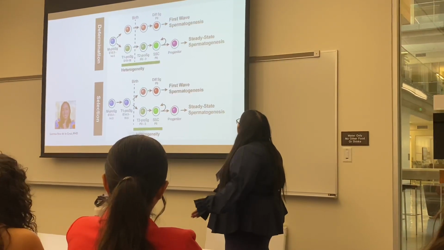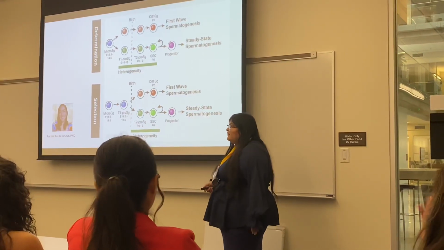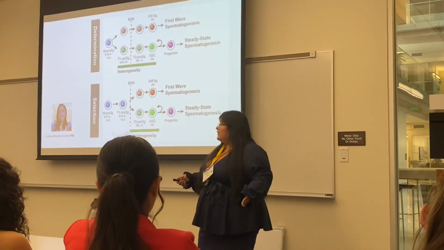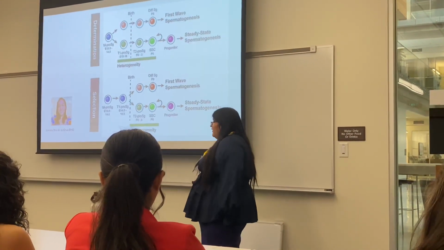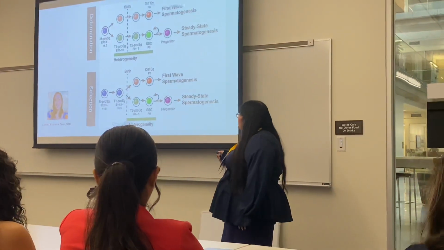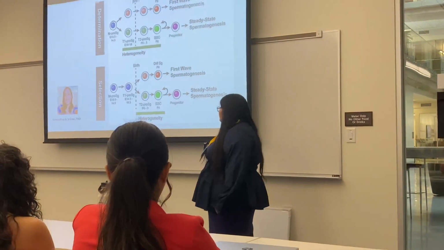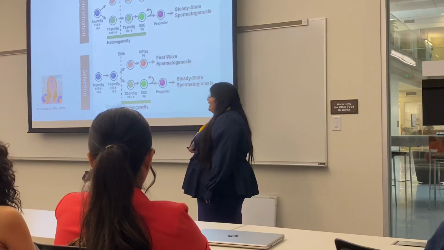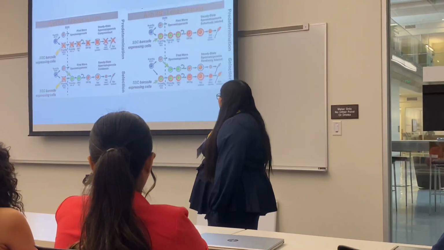They either start the first wave spermatogenesis, or they have that steady state spermatogenesis by creating SSCs. That's it, clear path, there's no altering that at all. But there's also another theory where maybe these spermatogonia choose at random. Understanding why and how these SSCs in particular are created is critical to fertility development.